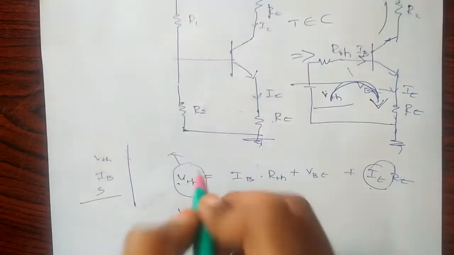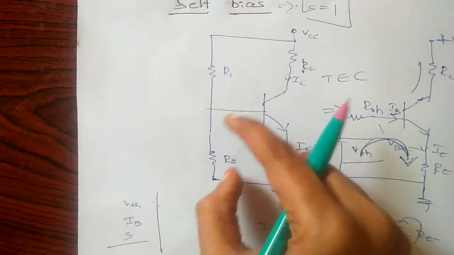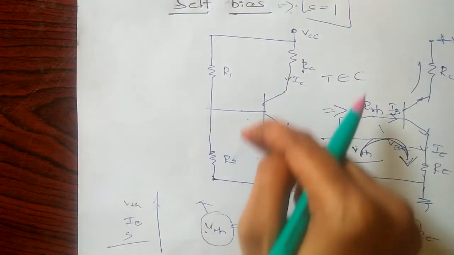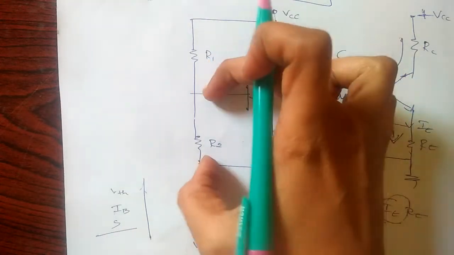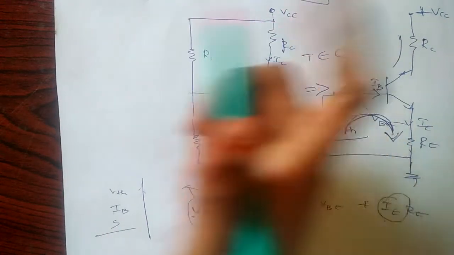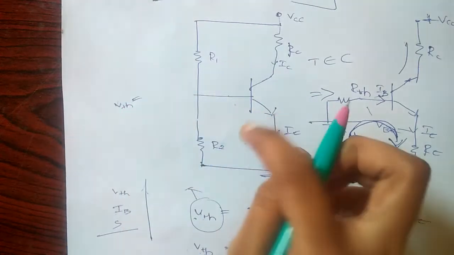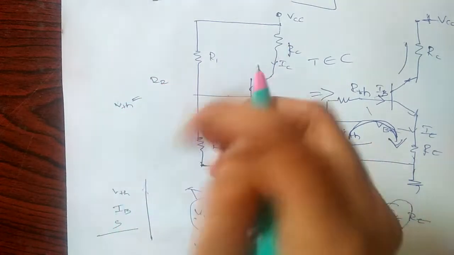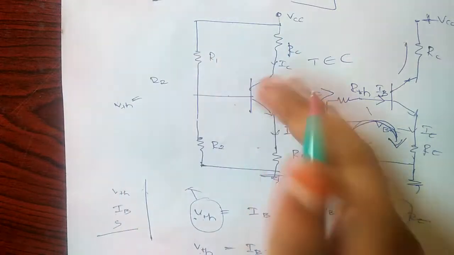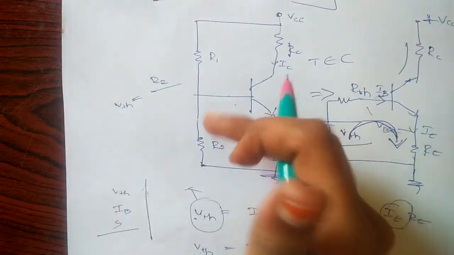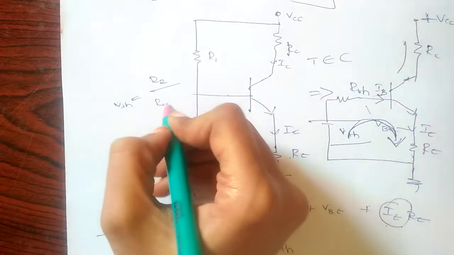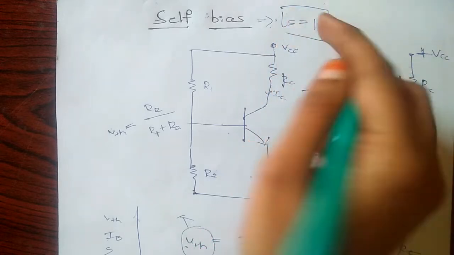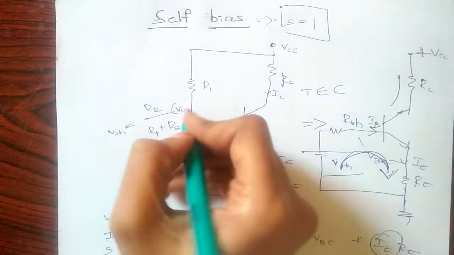The Thevenin voltage is also equal to, as we converted the voltage here to VTH, if we consider the voltage across here, VTH is equal to R2 divided by R1 plus R2, the total resistance, into VCC.